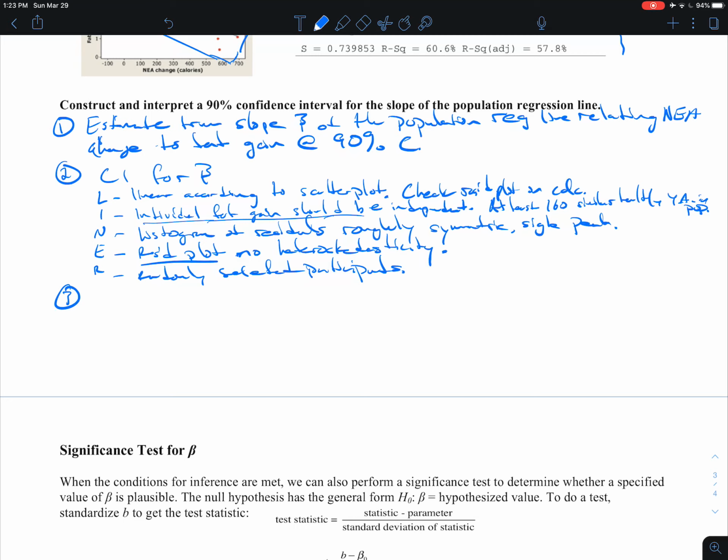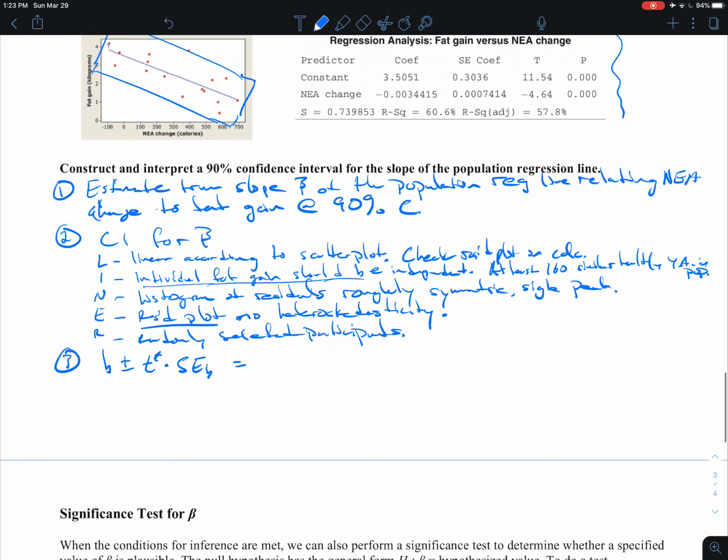So we're going to fit the equation b plus or minus t, and again, it's not the t from the table. We have to go look this up, times the standard error, which in this problem, my estimate for b, the slope estimate, is negative 0.0034415 plus or minus, I'll look up t in just a second, and then times the standard error, which is going to be that guy, 0.0007414.